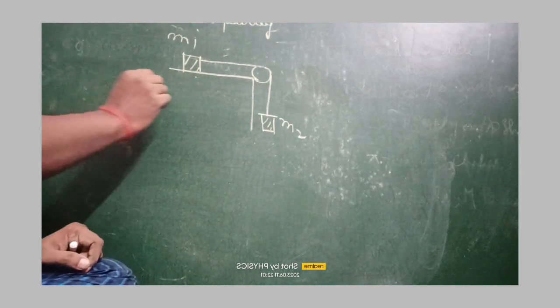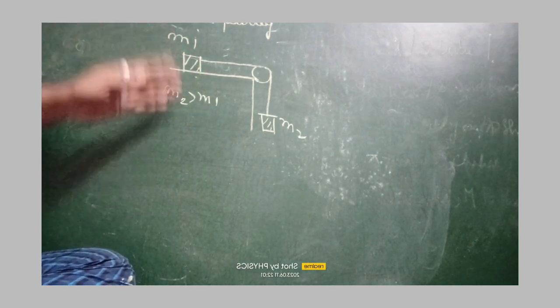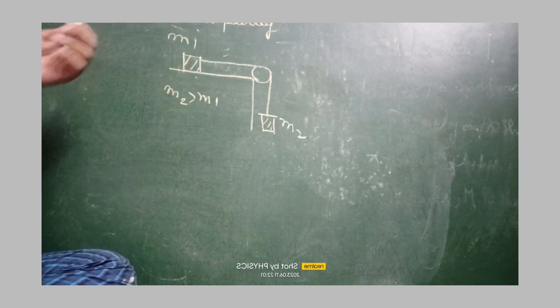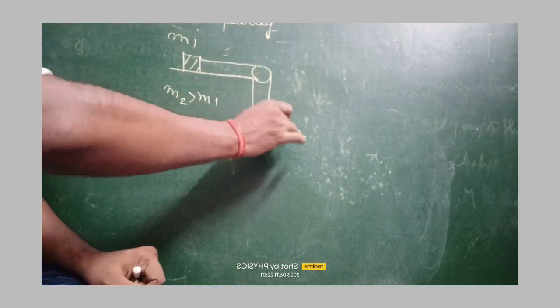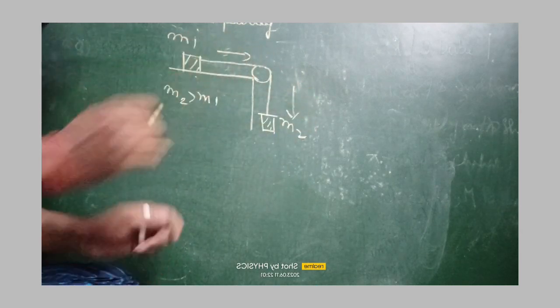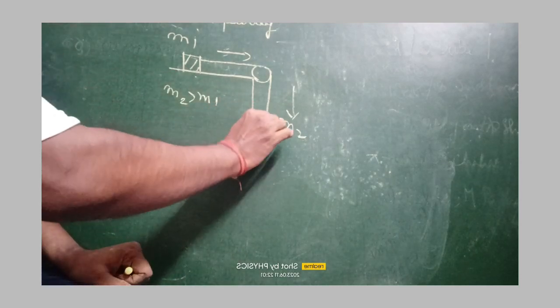Now here M2 is greater than M1. Now find the tension and the acceleration of two blocks. How to find it? M2 is greater than M1, so the movement is in that direction. Movement is in that direction.